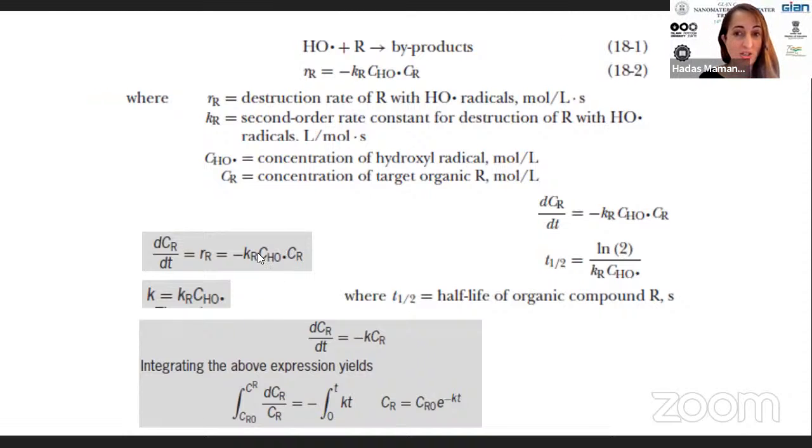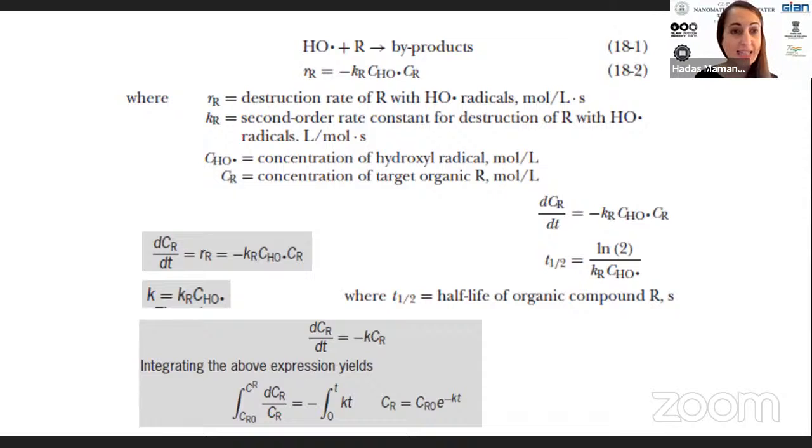Now, the steady state concentration of hydroxyl radicals is very difficult to quantify. We do that in the lab, for example, with a target chemical called PCBA. PCBA is a target pollutant that we add to the solution while exposing it to the different photocatalytic reactions or different photolysis or different types of AOP reactions.